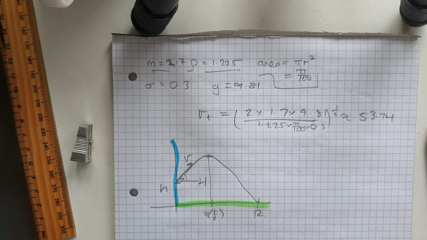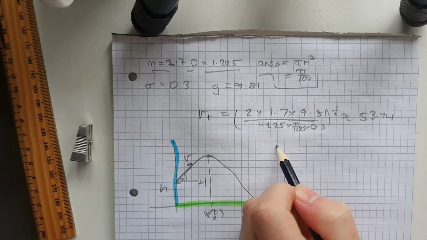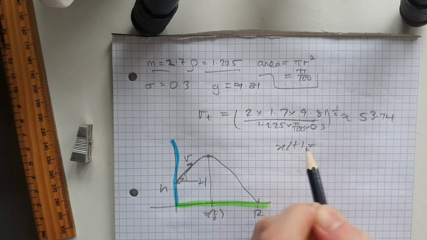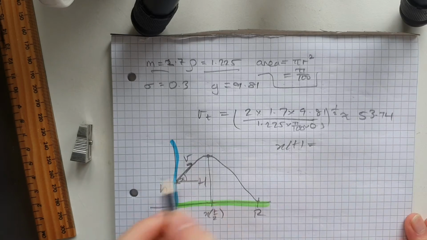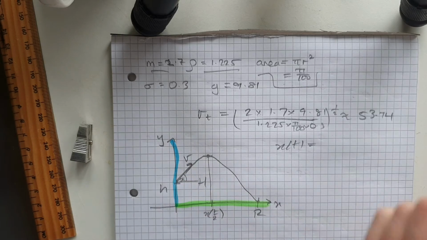Right? Now we can look at these axes and say, okay, we know there's functions to do with the position with respect to the x-axis, which is this one, and with that one with respect to time.